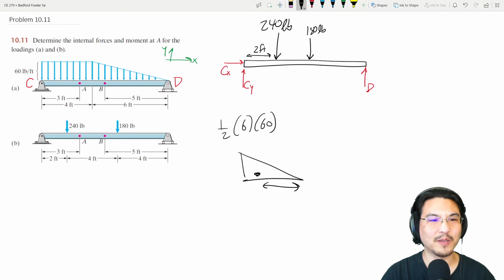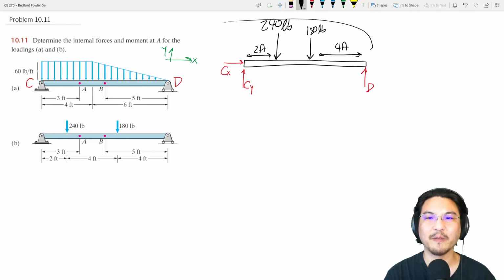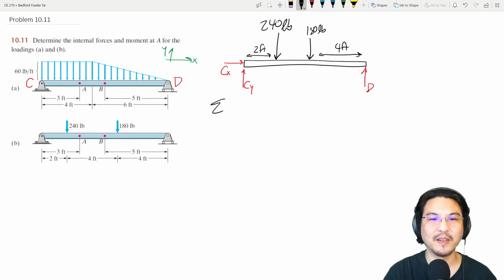So 2/3 of 6 feet, so 4 feet. Okay, so now that I represented the distributed load as discrete forces, I can solve for the reactions at the supports.